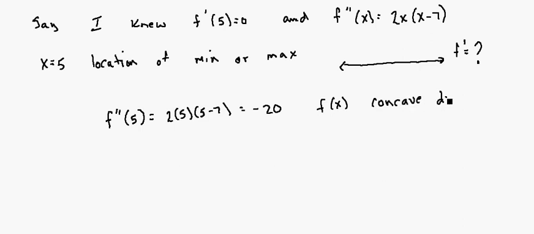Now all you have to do at that point is picture a concave down parabola. Don't make it fancy, don't make it tough. Second derivative's negative, so it's gotta be looking something like this, right? And therefore x equals 5 is the location of a max.